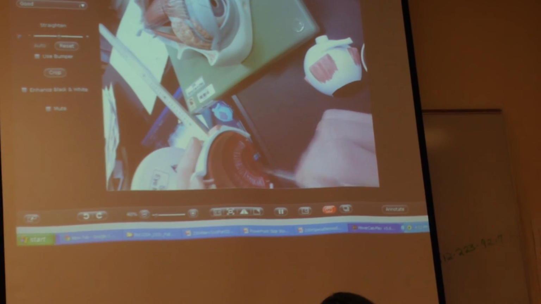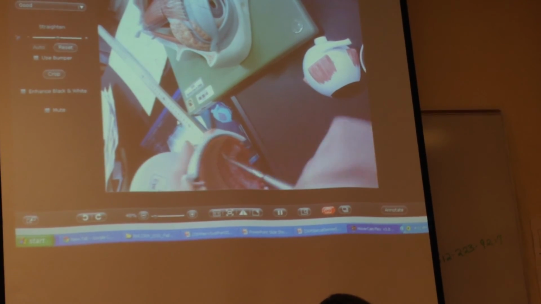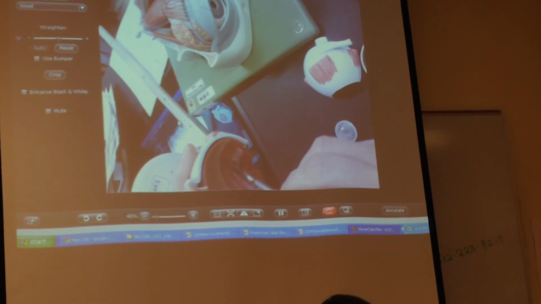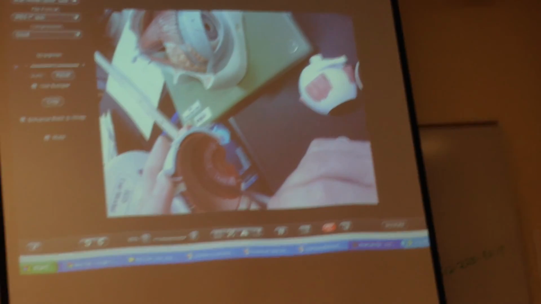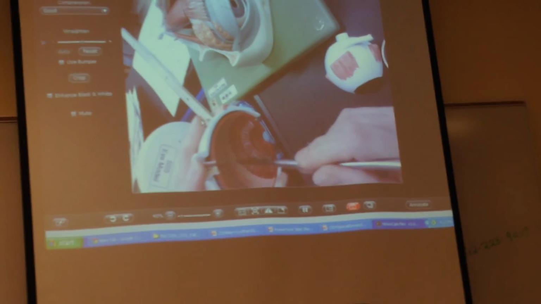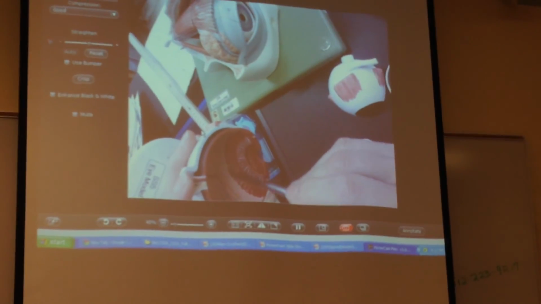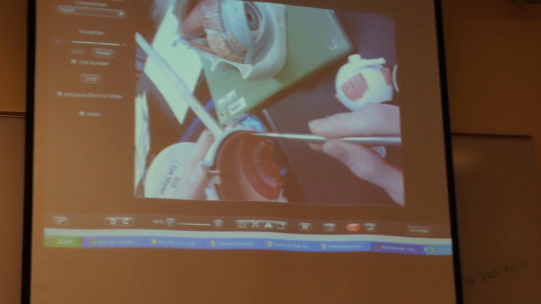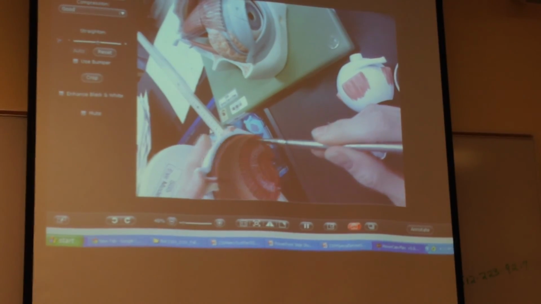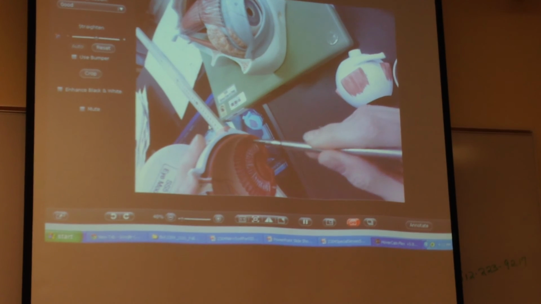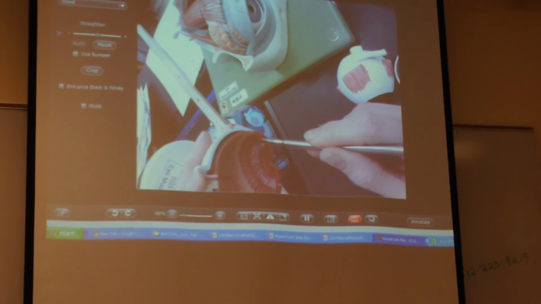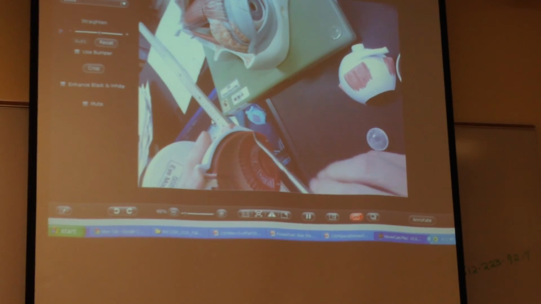Iris of the eye, suspensory ligaments, and then this structure where you see some scalloped structures right there. This is all called the ora serrata. And that just shows you where the retina ends and the ciliary body begins. This is just the end, the ora serrata.